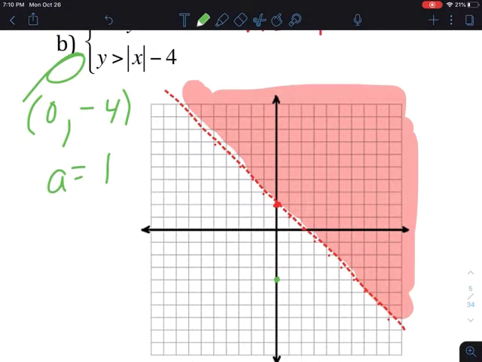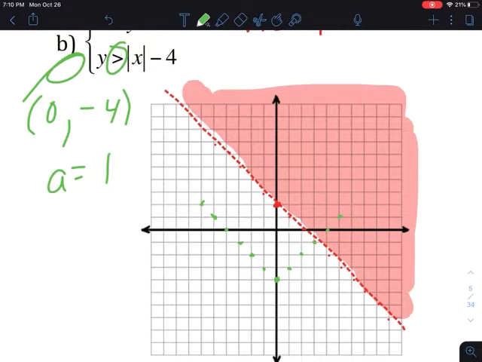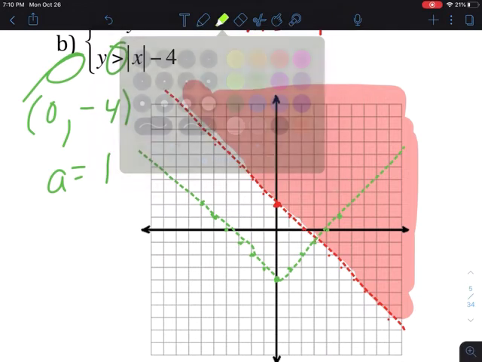So it's going to be up 1, over 1, both directions. And it's a greater than, so it's a dashed line. No underline is a dashed line. And the shading, it's a greater than, so that would be shading above the V.